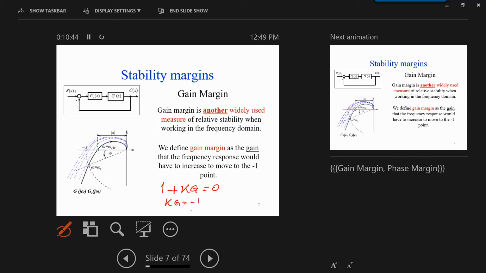It will decrease. It keeps decreasing until it goes to 0, right? So I can decrease the phase angle, or I can increase the gain. I can reach the same situation by increasing the gain or decreasing the phase angle.